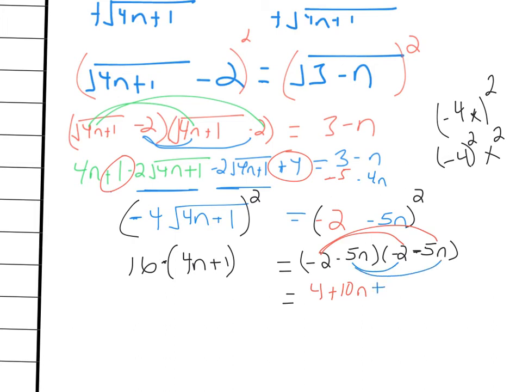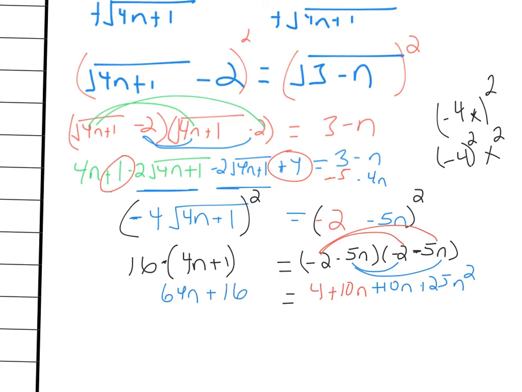That's going to give me another positive 10n and a positive 25n squared. That's not going to be a fun trinomial at the end. I'm going to multiply the 16 in and get 64n plus 16.